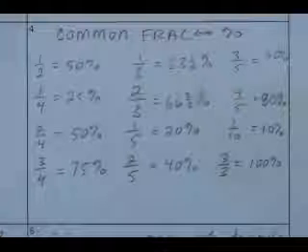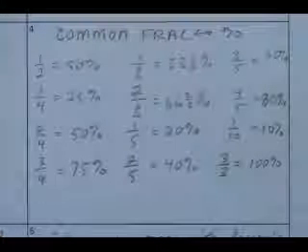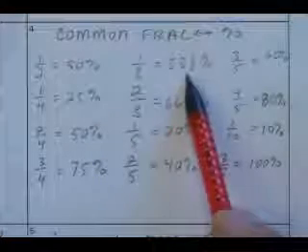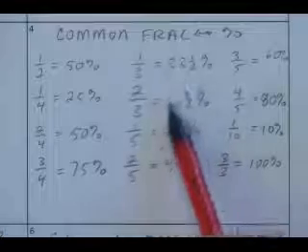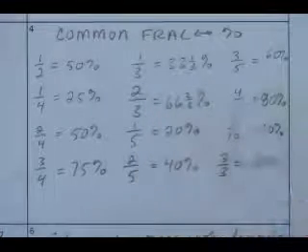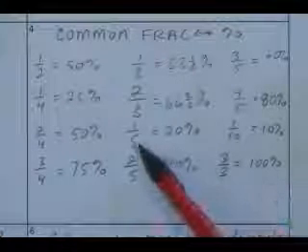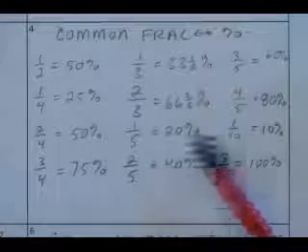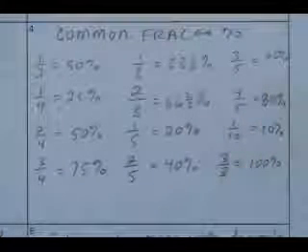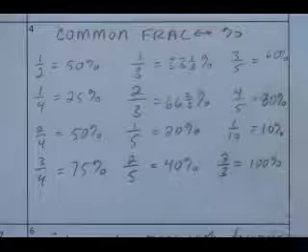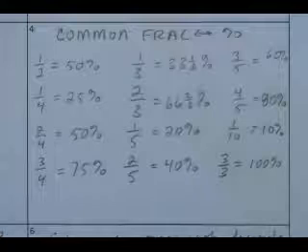If you had 400 questions and got 300 right, you got 75%. 1/3 is 33 1/3%. 2/3 is 66 2/3%. 3/3 is 100%. 1/5 is 20%, 2/5 is 40%, 3/5 is 60%, 4/5 is 80%, 5/5 is 100%, and 1/10 is 10%. So if you ask about 10% of something, you want 1/10 of it.